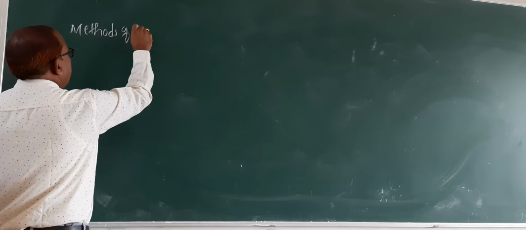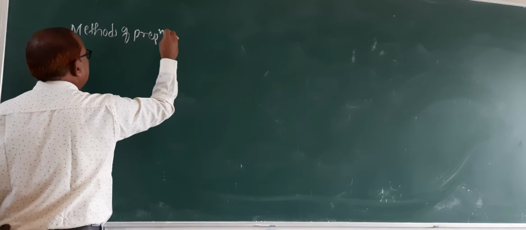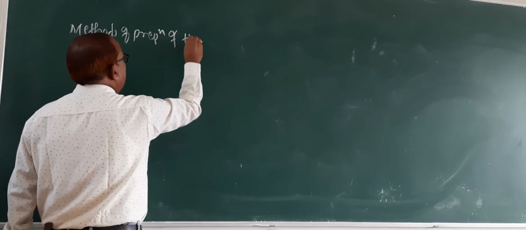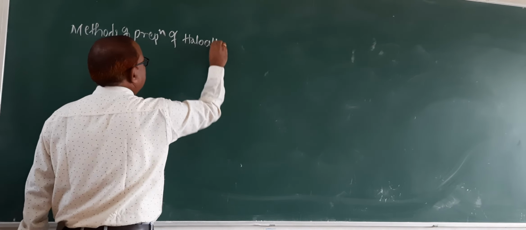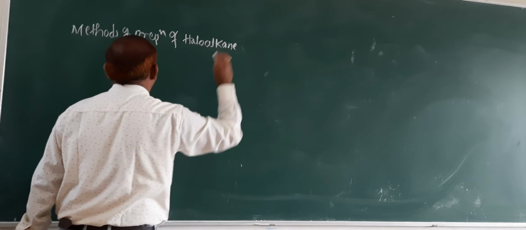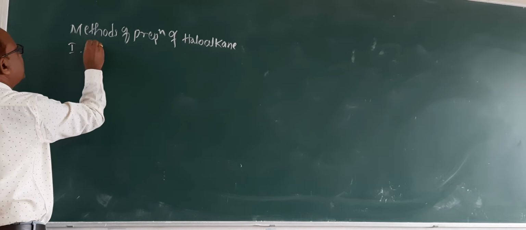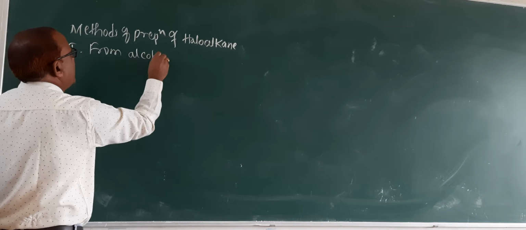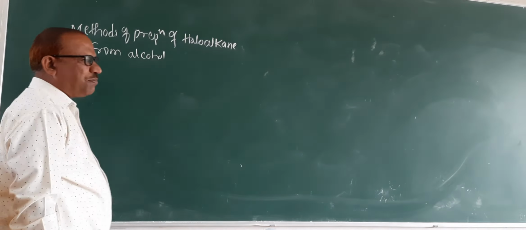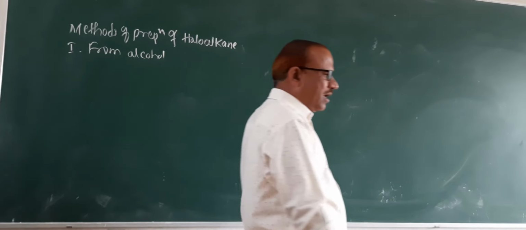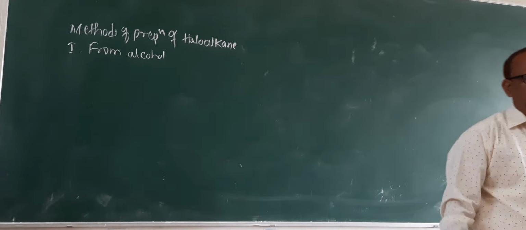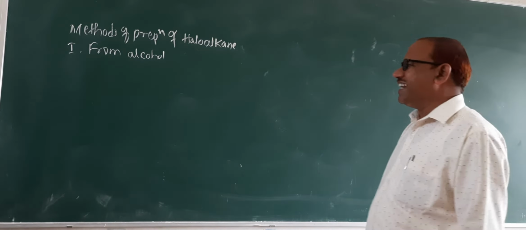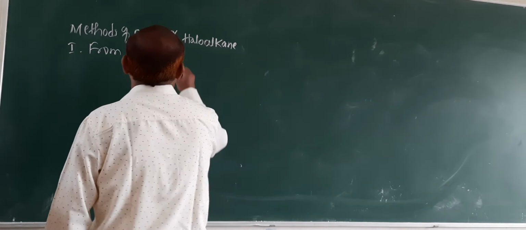Methods of preparation of haloalkanes or alkyl halides. Okay, the main first method is from alcohol. From alcohol itself we can prepare the haloalkane by 3 methods, by using different reagents with the alcohol.